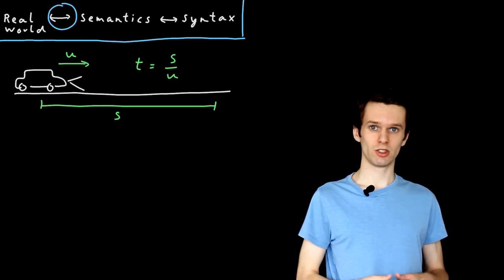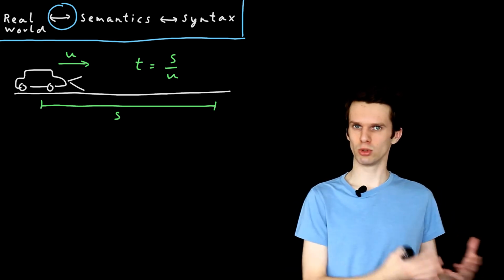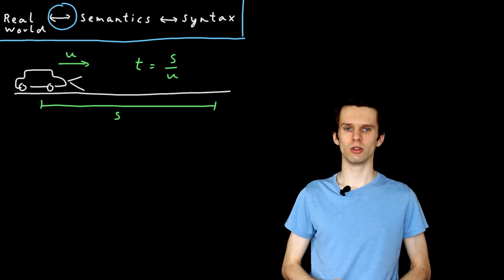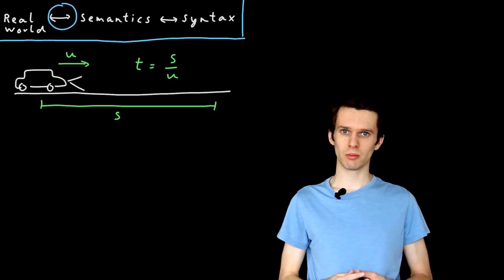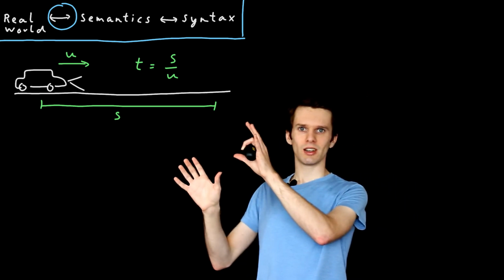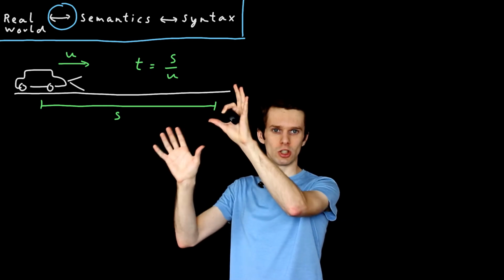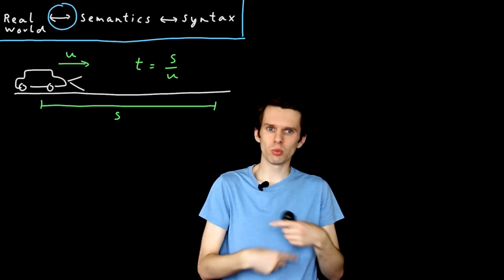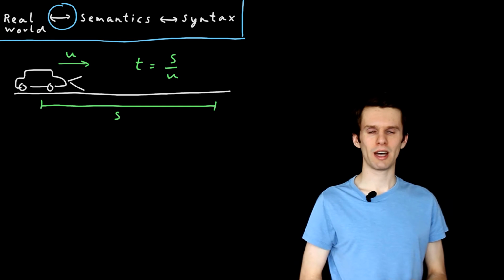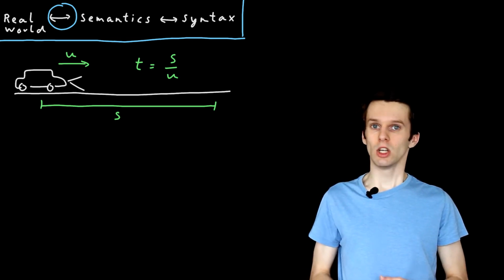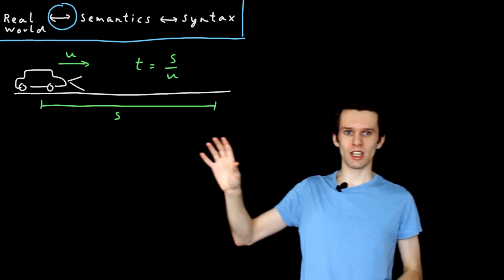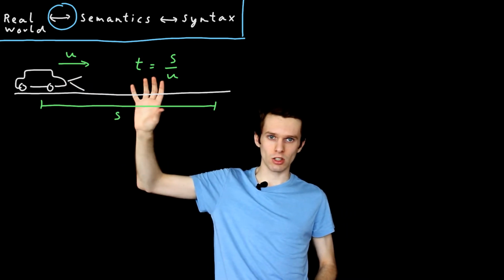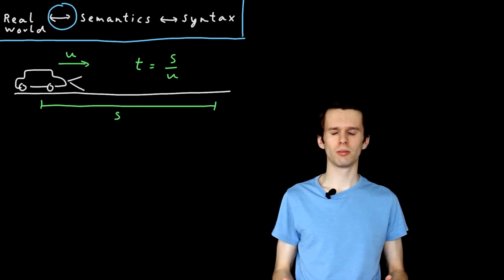We're familiar with this from real life. Perhaps you use SatNav or Google Maps to work out how long it's going to take to complete a journey. But the interesting thing about this example is not what it does show, but rather what it doesn't say about the real world. So for example, we're not taking into account any acceleration or deceleration of the car.